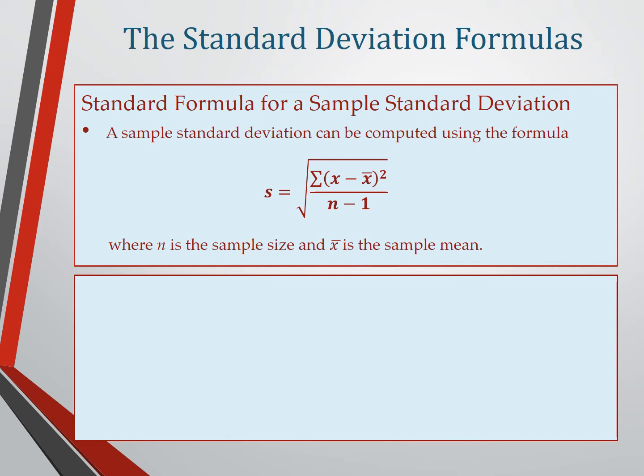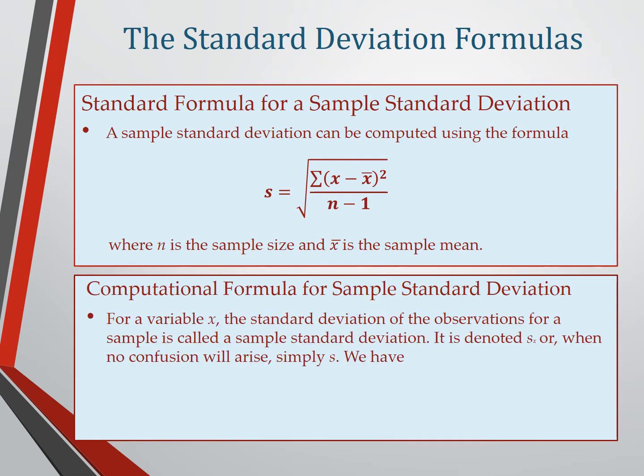Now, when you're doing these problems with paper and pencil, the computational formula may be easier to use. For a variable x, the standard deviation of the observations for a sample is called a sample standard deviation. It's denoted by s sub x, or simply, to avoid confusion, little s.